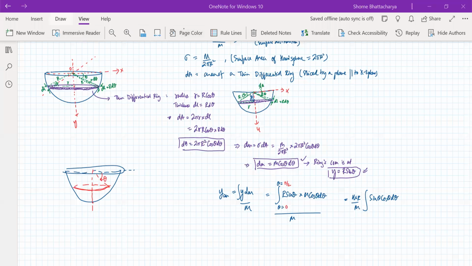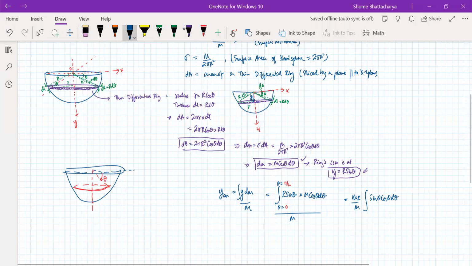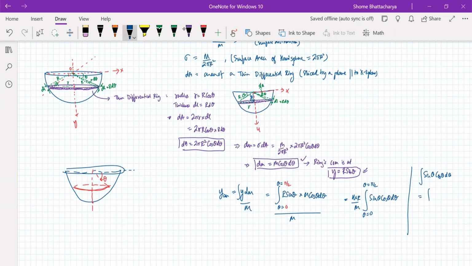Now how will we do this integration? Sine theta into cos theta integration. We have a couple of methods. One is we can write it as sine 2 theta by 2. Integration of sine theta cos theta can be written as sine 2 theta whole thing divided by 2.